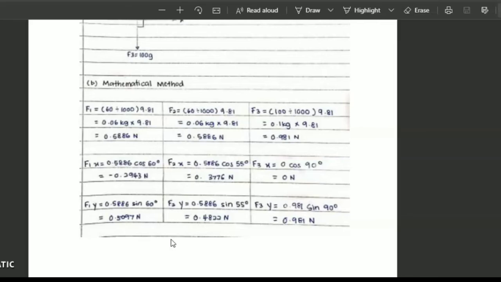So force 3, we got 0.981 Newton. For force 3x, we got 0 Newton. And lastly is the force 3y, we got 0.981 Newton. So that's all from me. Thank you.